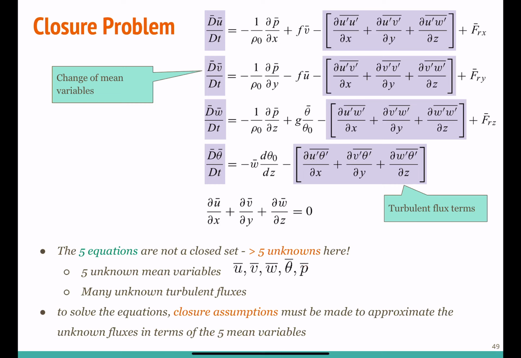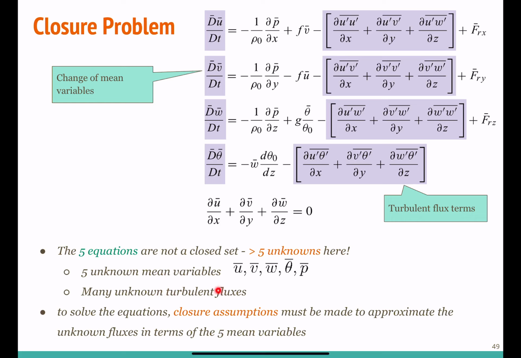So we have a closure problem in here, because if you have 3 unknowns and 3 equations, then you are able to close the set of equations. But here we have a lot of unknowns. We have 5 equations here, and we have more than 5 unknowns. First of all, we have 5 unknown mean variables, which are these ones.